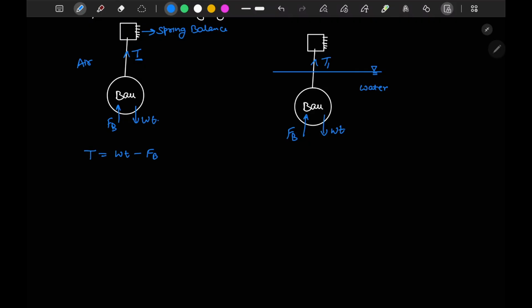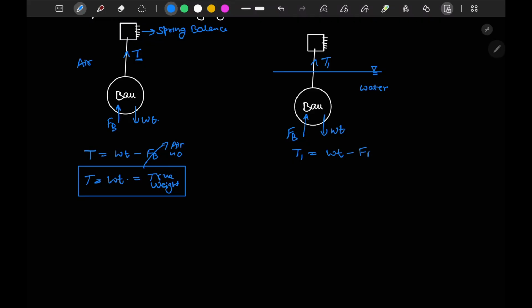And in case of air, FB is almost equal to 0, because the density of air is very low, and in comparison to weight it will be very small. So T is equal to weight, and this is also known as the true weight. Here T1 will be the reading of the spring balance, and T1 is equal to weight minus FB.